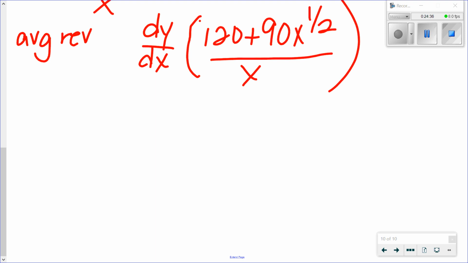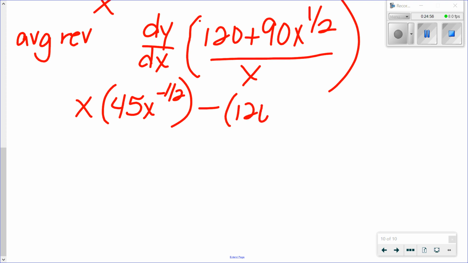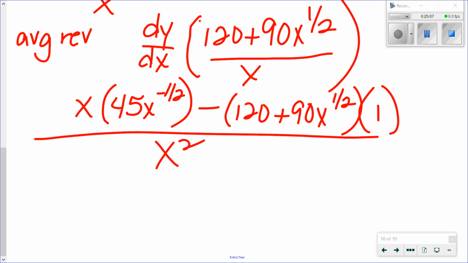All right, so remember, the quotient rule says the bottom goes first, leave it alone, times the derivative of the top. Well, the derivative of the top is going to be 1/2 times 90. Well, that's 45 x to the negative 1/2 minus the top, leave it alone, times the derivative of the bottom, which is 1. And all of that goes over bottom squared.